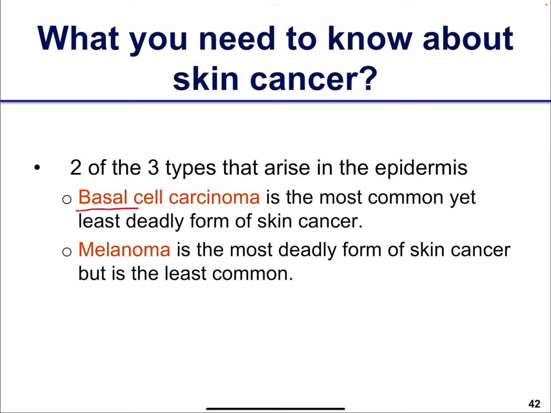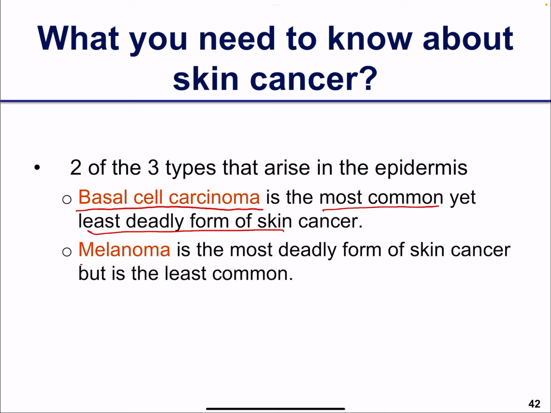One is the basal cell carcinoma. The basal cell carcinoma is going to affect the outermost layer of our skin, right? It is the most common, but fortunately, it is the least deadly of the skin cancers.